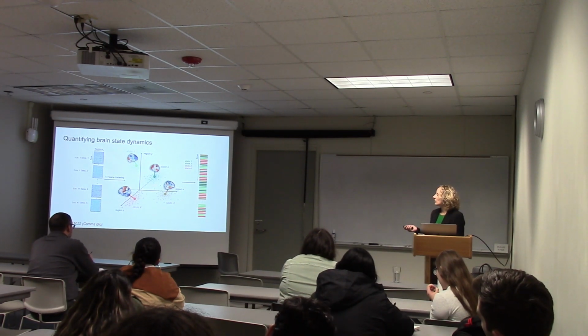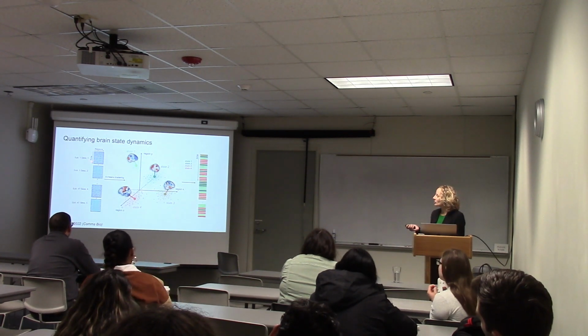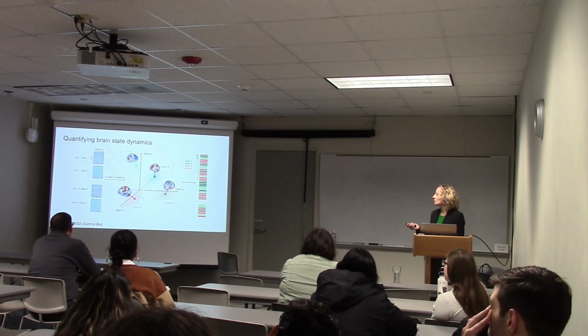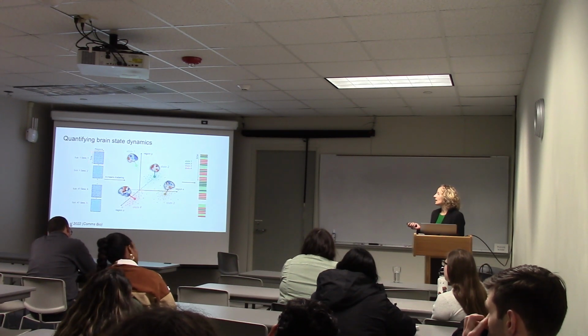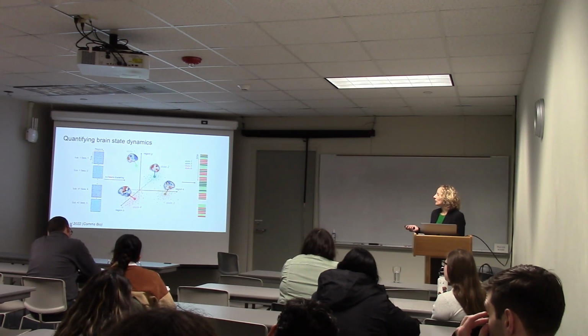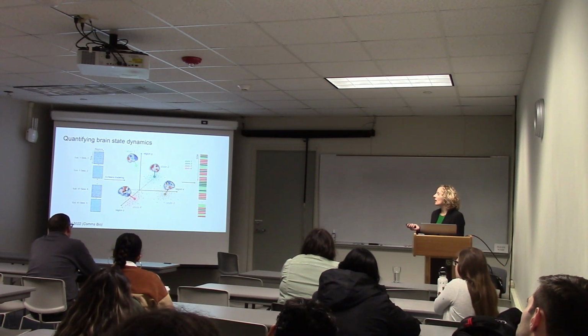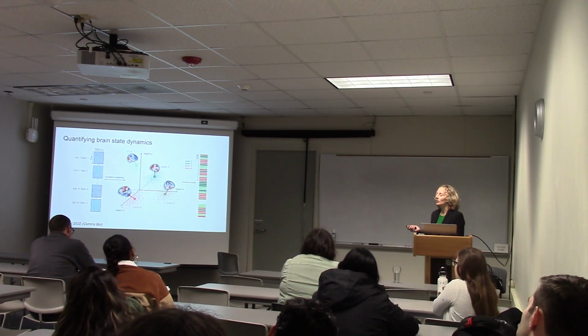Here is a visual example of what I mean. We have each session for each subject, let's say 5 sessions for 47 subjects. You have the regions by time. We've already compressed it in space to get our regions, and then we have each region's time series. Then we can apply a very simple approach, k-means clustering, to identify these commonly recurring states of brain activation.